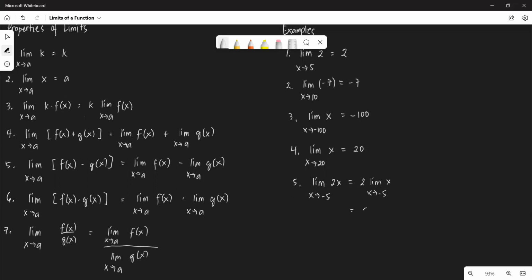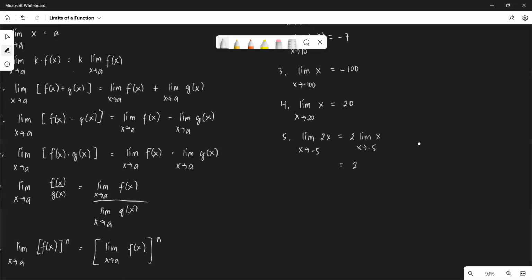So we have 2 times, so the limit of x as x approaches -5, according to property number 2, is -5. So 2 times -5, or that's -10. So for the final answer, the final line of the solution, make sure to rewrite the given.